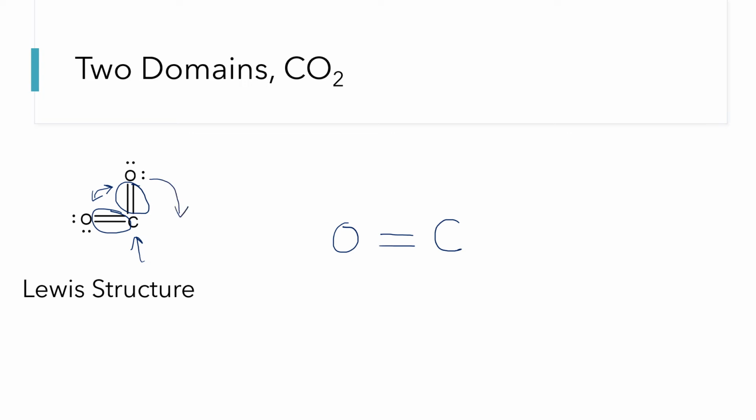If it goes past being horizontal, then it starts getting repulsions along the bottom side. So really putting that second domain on the opposite side of the carbon from the first domain is going to minimize those repulsions and get these domains as far apart from one another as possible. So our VSEPR structure for carbon dioxide will look something like this.